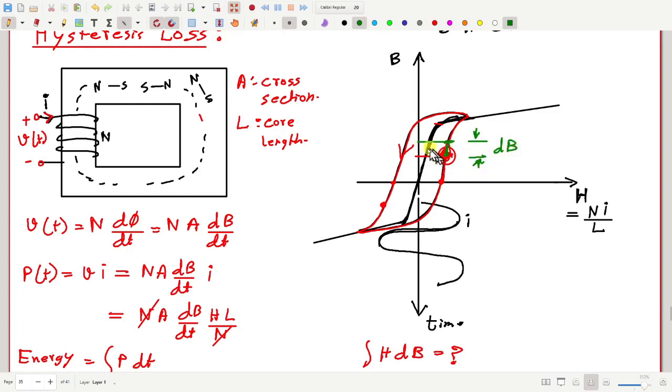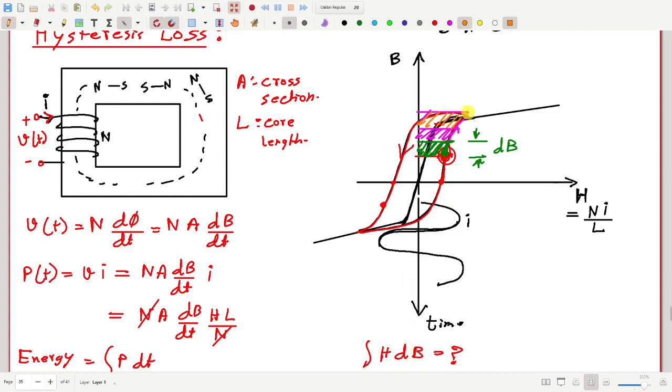Now H into dB is basically the area of this strip. Now I am integrating this quantity H into dB over time. So as I move further, I come here, then H into dB will be the area of this strip, and then I come here, so I will have the area of this strip, and I am adding them all up, integrating them.